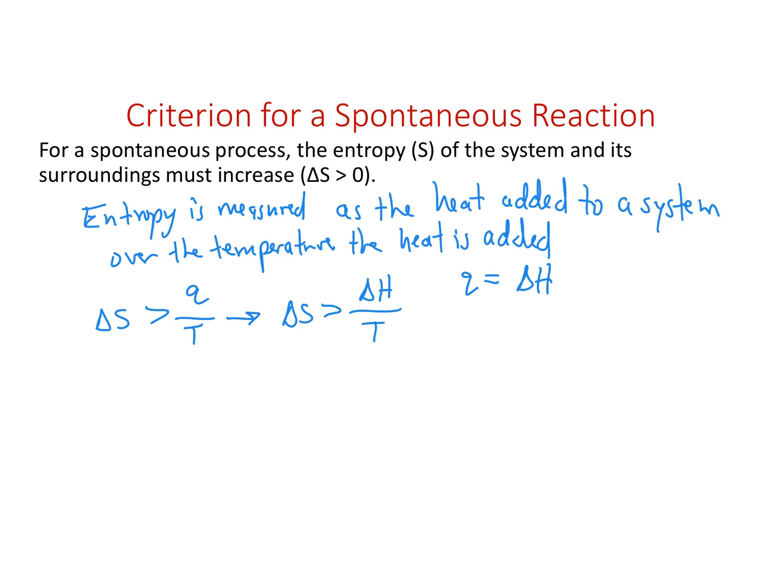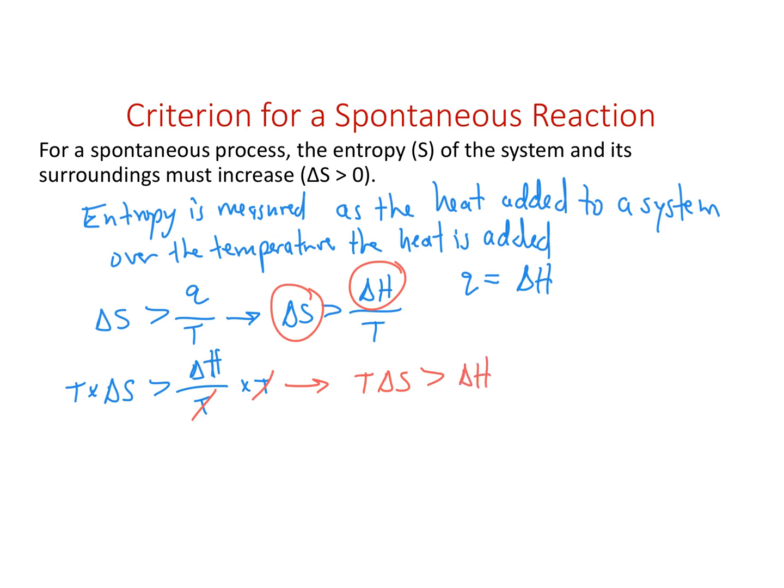If I bring together entropy, enthalpy, and temperature, what does that value need to be? I'll rearrange by multiplying both sides by temperature. Temperature cancels out, and we're left with temperature times entropy is greater than my value of delta H.